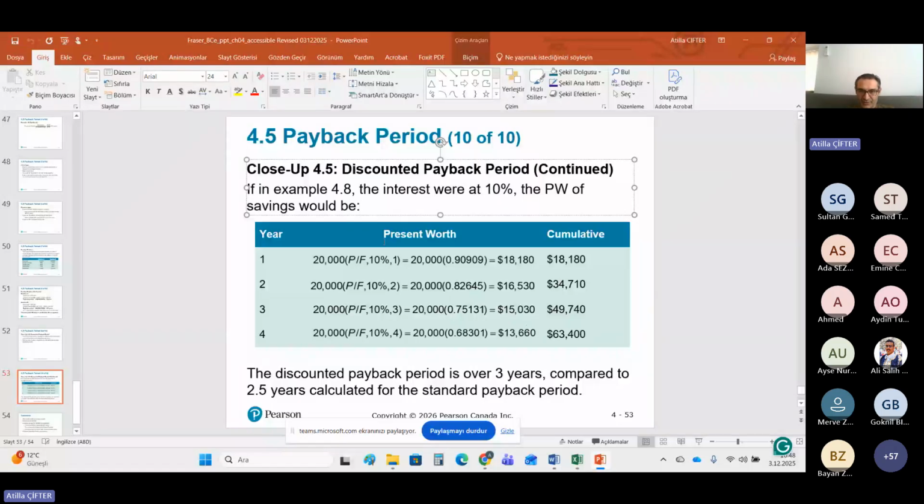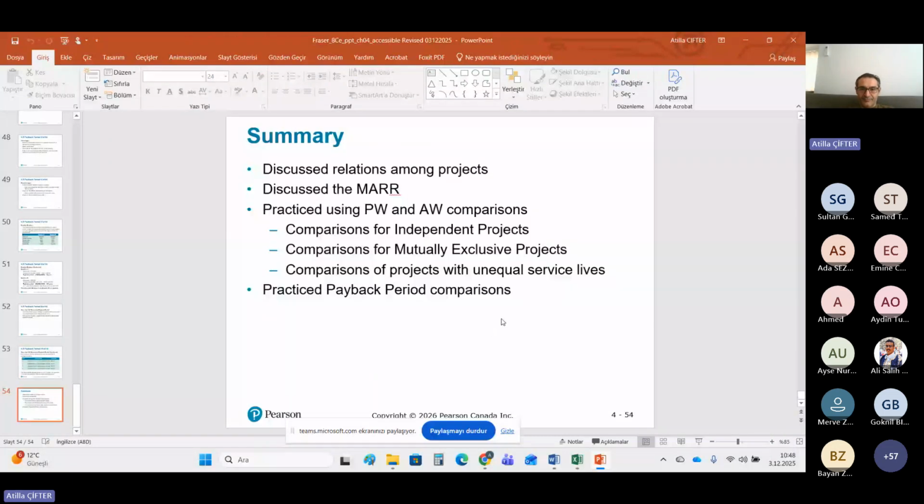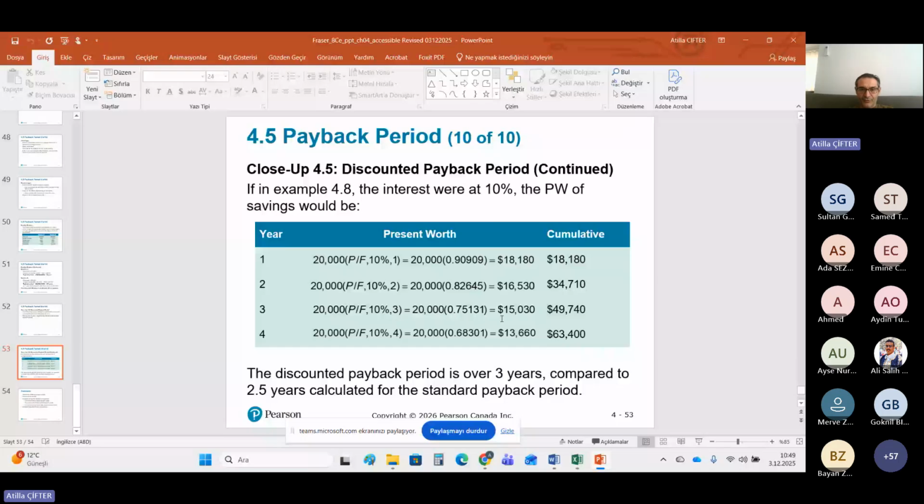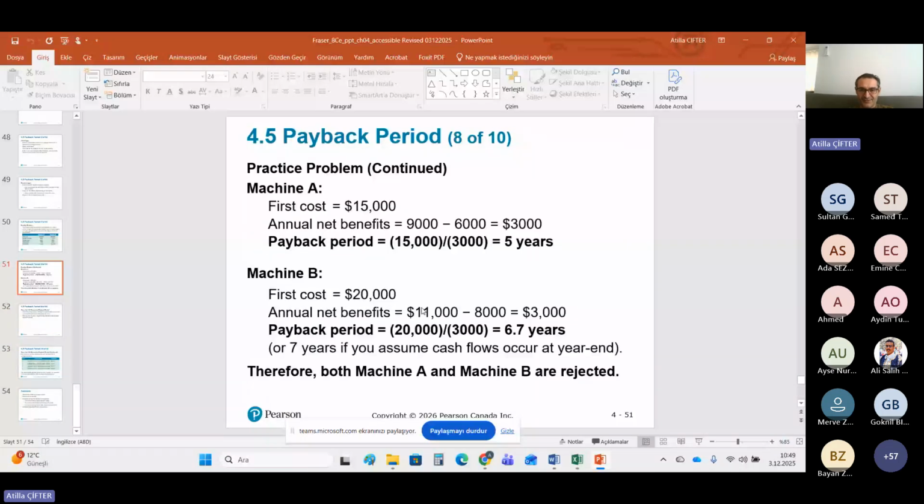Therefore, this discounted payback period brings all of the cash inflows to today with the discount interest rate, right? So, is it clear? For this question, for instance, you can practice.